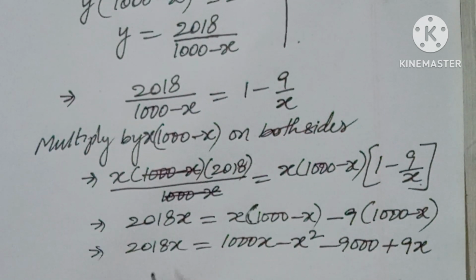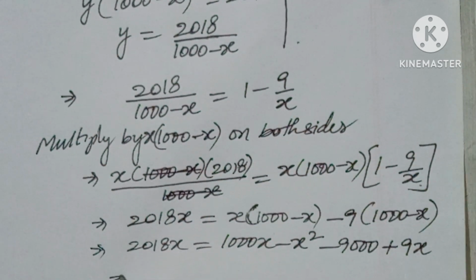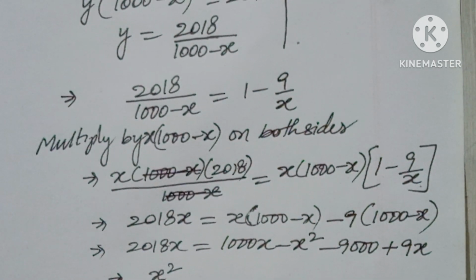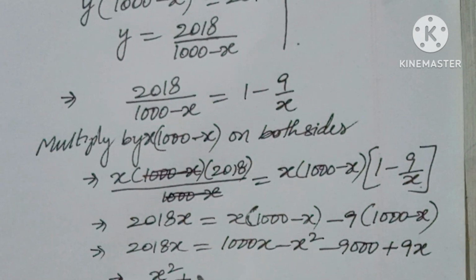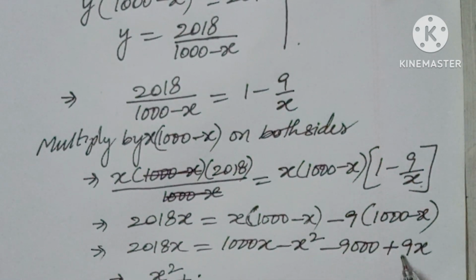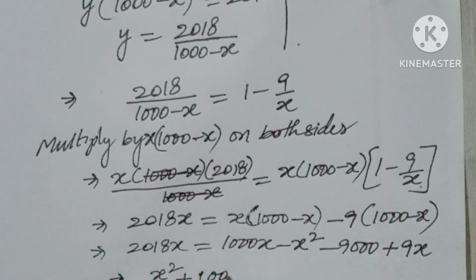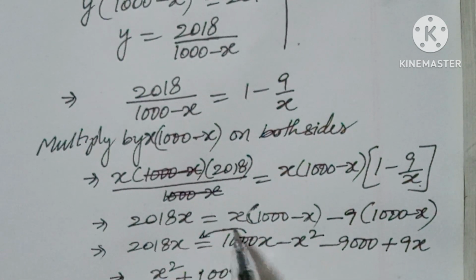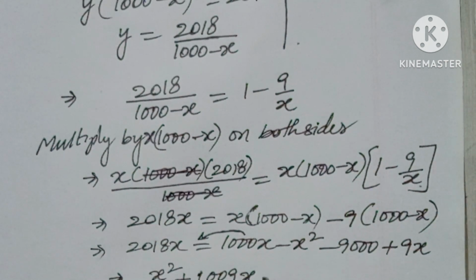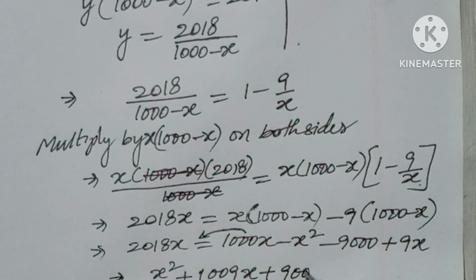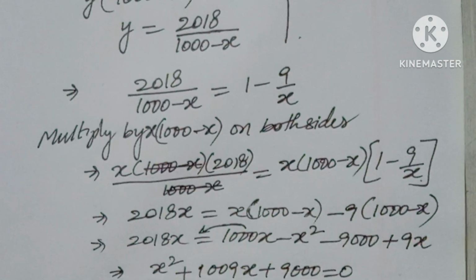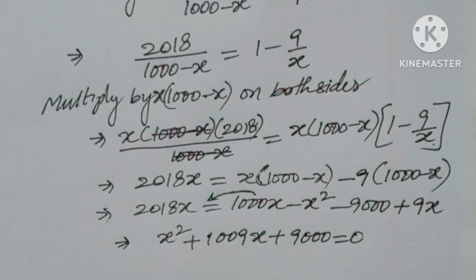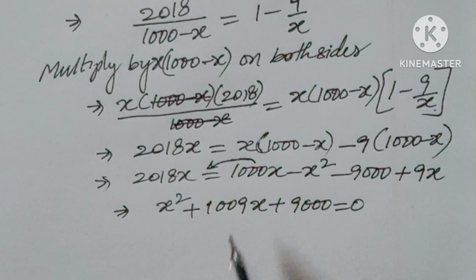Sending all the terms to one side, x square plus 1009x plus 9000 equal to 0. If you find the factors here you will get the x value.